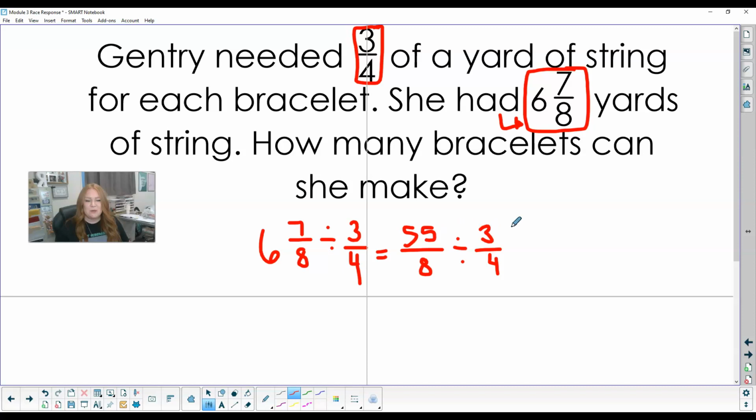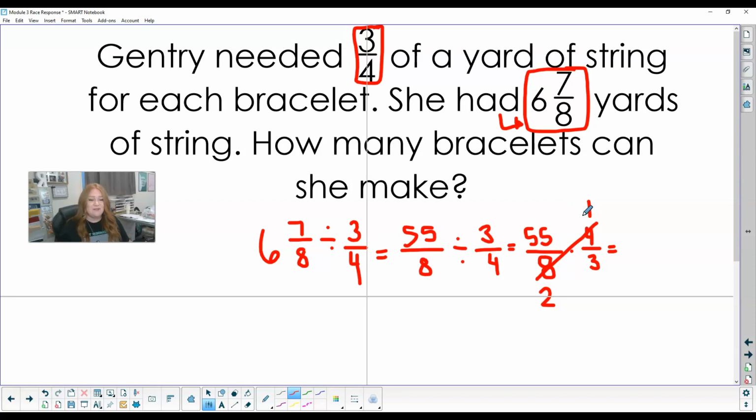Now, this isn't going to work out very nicely here, 55 divided by 3. So instead of dividing, I'm going to use the multiplicative inverse here. So 55 over 8, copy, dot, and flop. Now I can see these can cancel out. 4 goes into 8 2 times and into 4 1 time. 55 and 3 are not nice factors of each other.